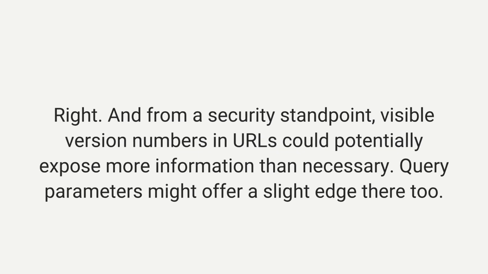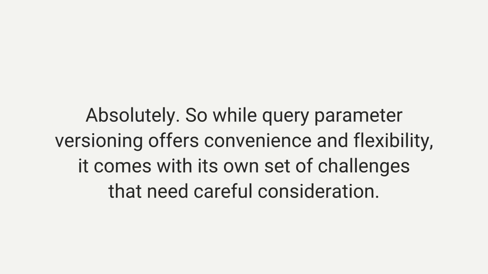And from a security standpoint, visible version numbers in URLs could potentially expose more information than necessary. Query parameters might offer a slight edge there too. That's an interesting angle. Keeping certain details less obvious could help reduce vulnerabilities. Absolutely. So while query parameter versioning offers convenience and flexibility, it comes with its own set of challenges that need careful consideration.